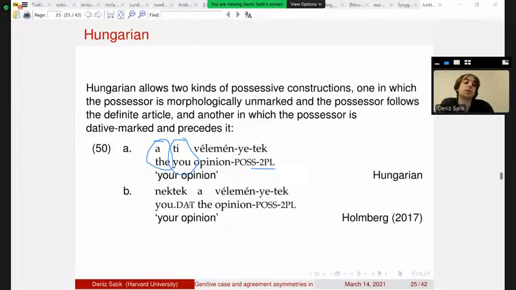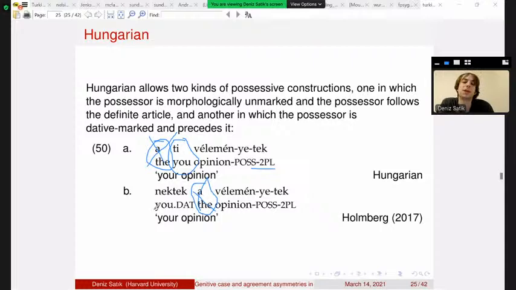And there's another construction in which the possessor is dative marked and precedes the definite article. You can just ignore the definite article if you want. What's going on here is that the dative form of you, the possessor, has dative case marking on it.